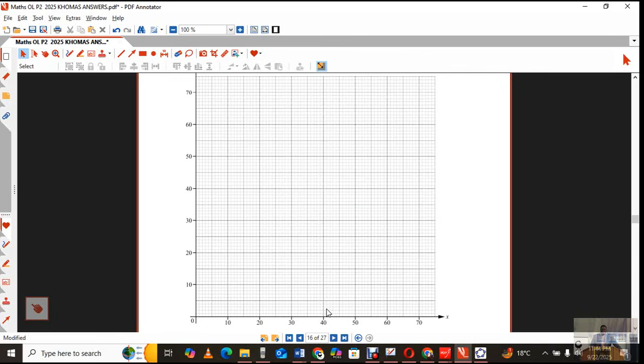If y is 70, x will be 70. So let me just make sure that I do get that. If 70, 70 goes all the way. Right. So I'm going to draw that line, and that line is going to go from here. It's going to be broken. So I didn't start nicely, so I'm going to start there. There we go.